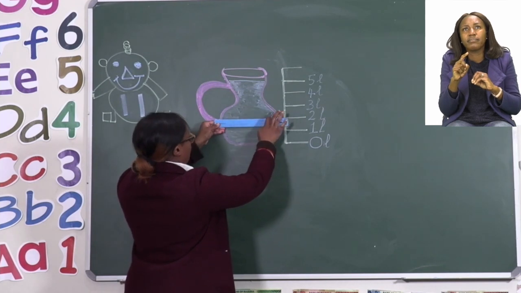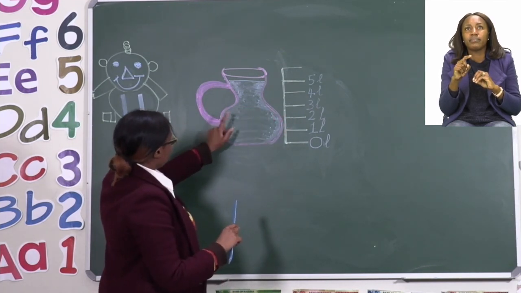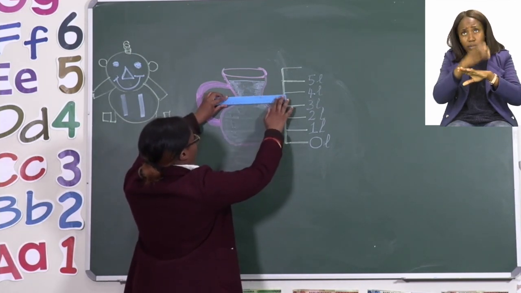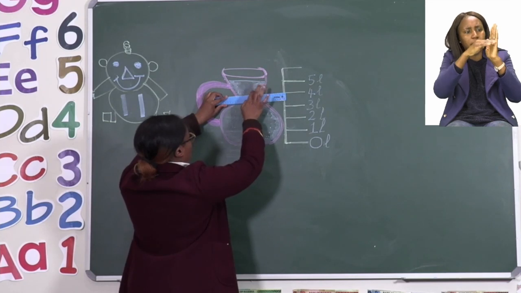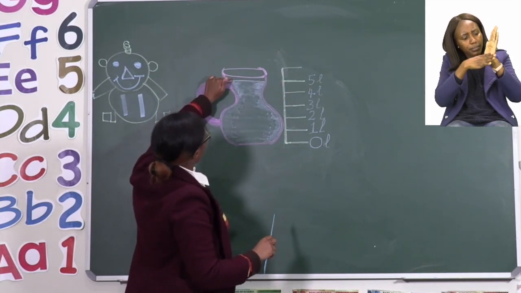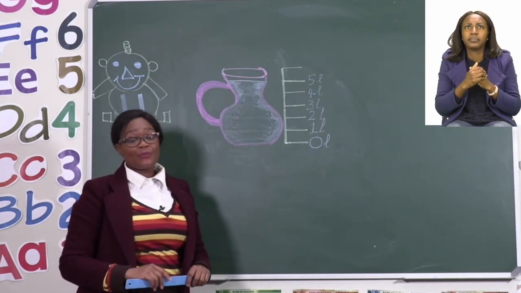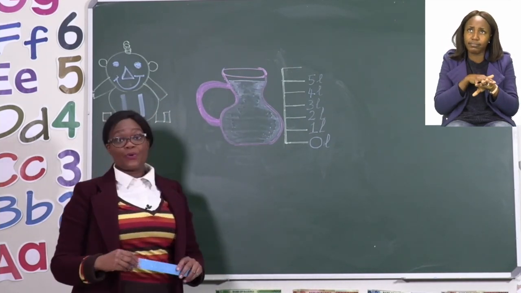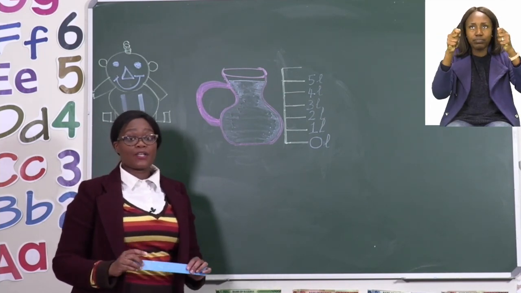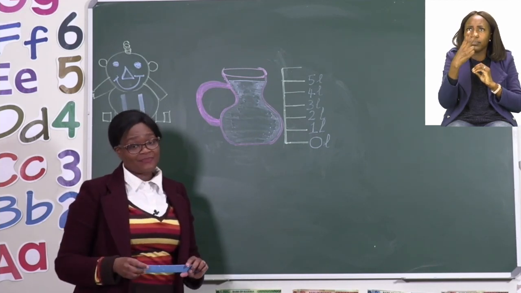Using my ruler, I can see 2 liters here. 3 liters is here. Then using my ruler again, I can see the 4 liters. And then 5 liters would be right where the water stops. So take your time when you're reading your liters. And don't forget when you're doing number 1 to double check by using your eyes.